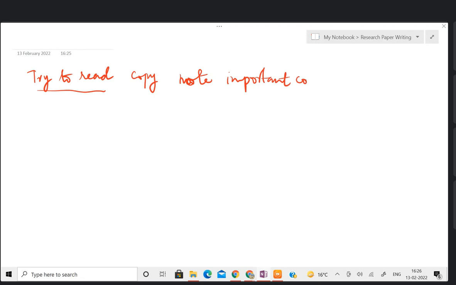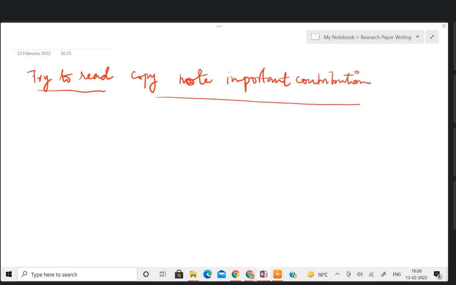First of all, try to read the paper, keep a copy with you, and note down the important contributions. Fine.